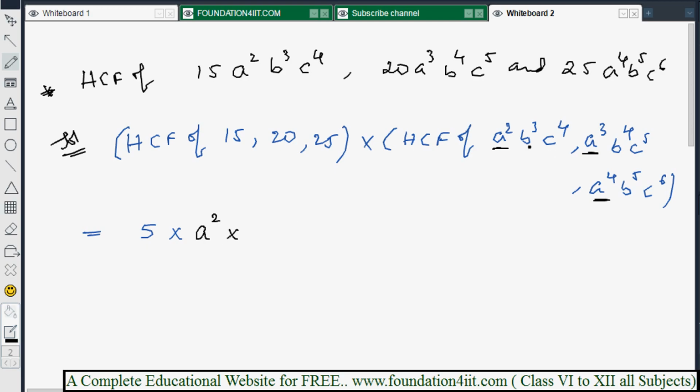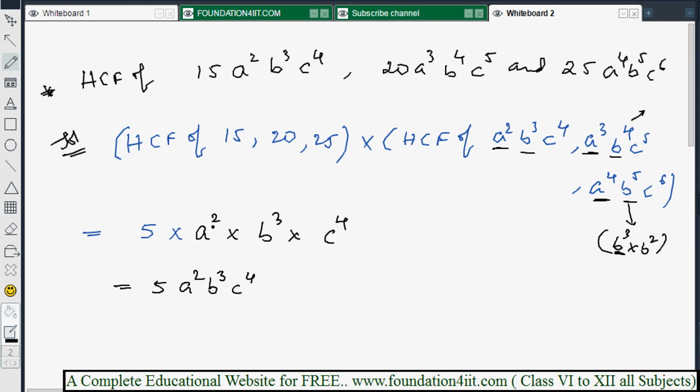Next b cube, b power 4, b to the power 5: that gives b to the power 3, since b power 4 is b power 3 into b power 1, and b power 5 is b power 3 into b power 2. You have already learned this in previous classes. Now c to the power 4, c power 5, c power 6 gives c to the power 4. So finally the answer is 5a square b cube c to the power 4. If the common base is there, you take the least power.